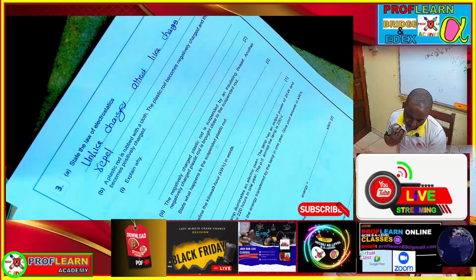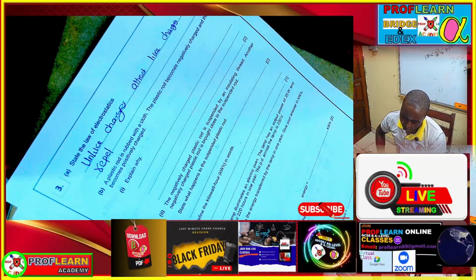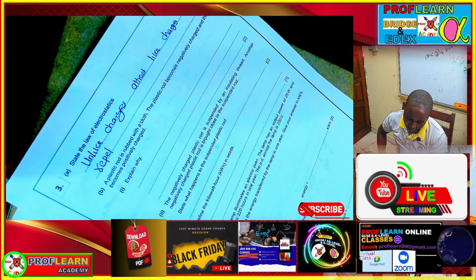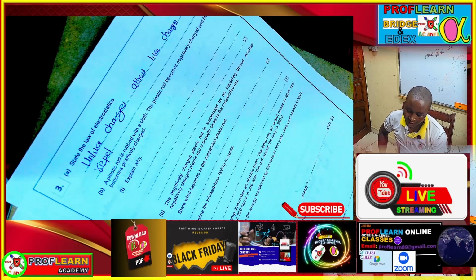A plastic rod is rubbed with a cloth, the plastic rod becomes negatively charged and the cloth becomes positively charged. Explain why.